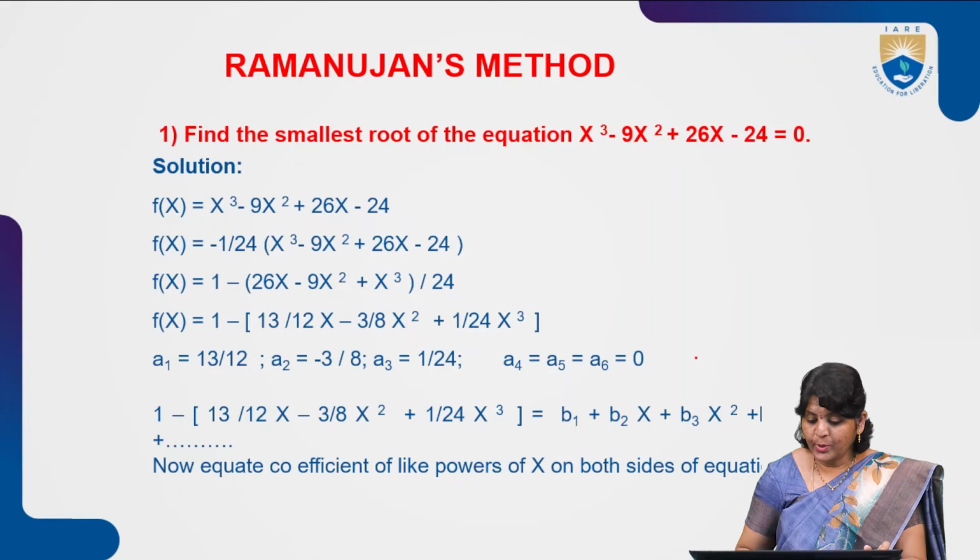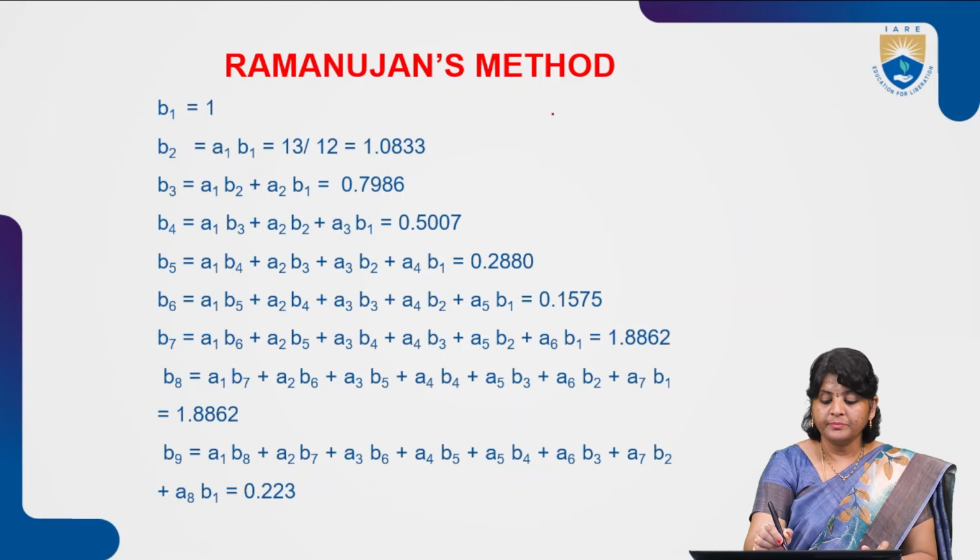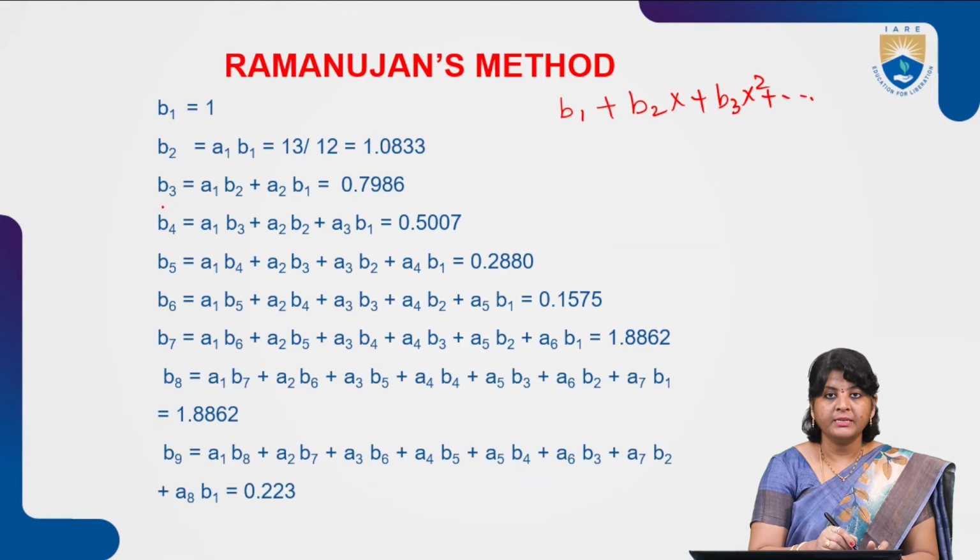Now, equating this with b1 plus b2x plus b3x square plus so on, we will get these formulas. Substituting the values a1, a2, a3, a4, a5, a6 in the above equation, you will get b1 as 1.